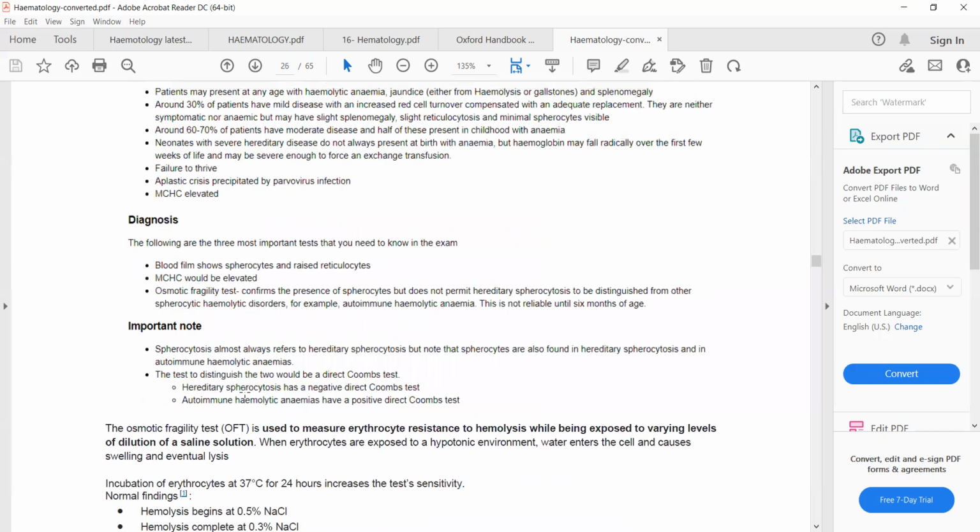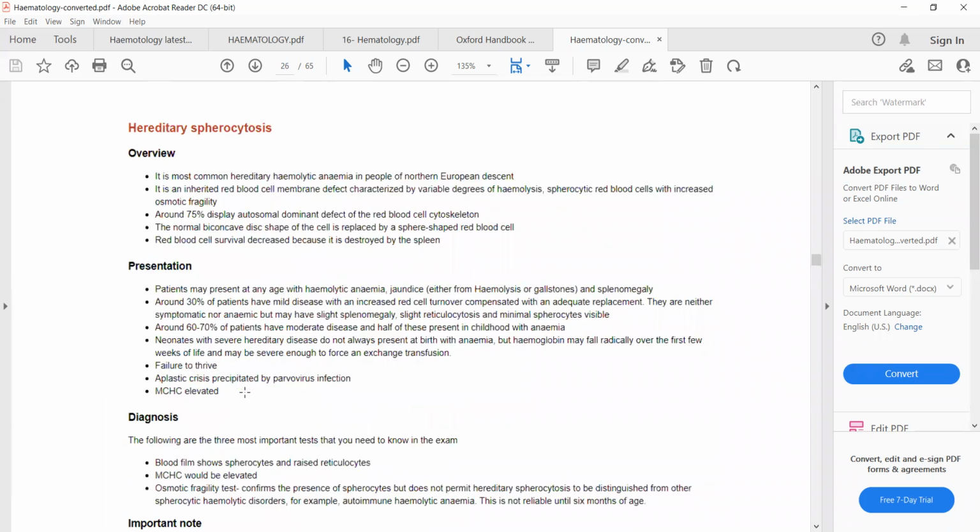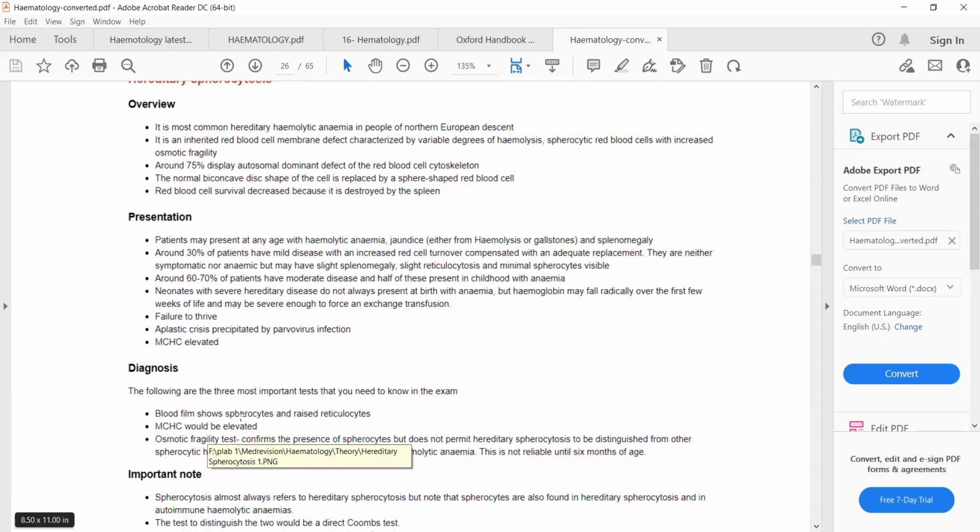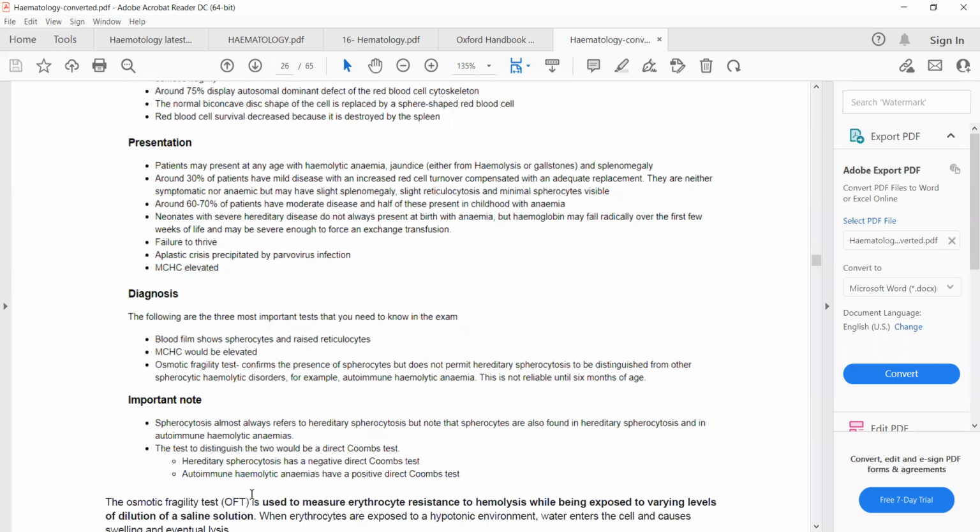So someone with hemolytic anemia, increased mean corpuscular hemoglobin concentration, a blood film showing spherocytosis, and a positive osmotic fragility test, what are your diagnoses? Two diagnoses you should keep in mind if these features are given: hereditary spherocytosis and autoimmune hemolytic anemia.